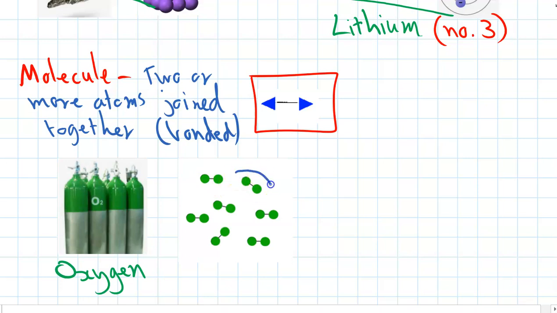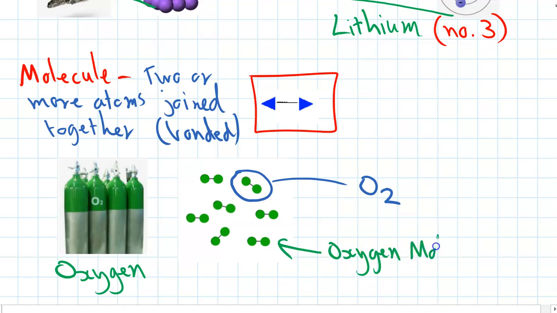So we can see here, each one of these molecules is made up of 2 oxygens, so we give it the chemical symbol O2. And we say that all these particles now are individual oxygen molecules. And each molecule is made of 2 oxygens.